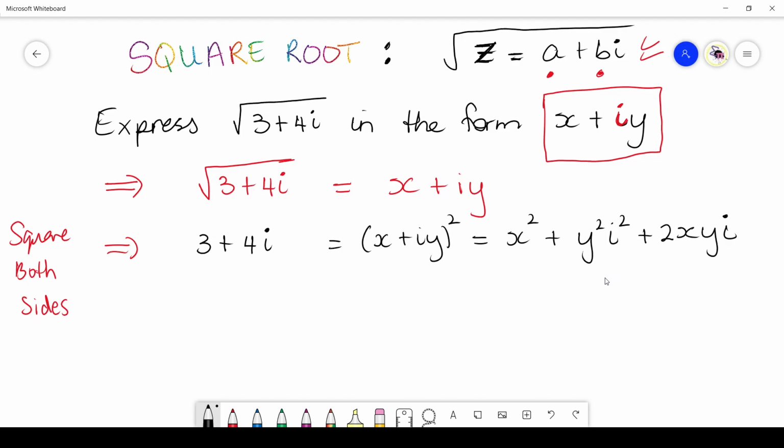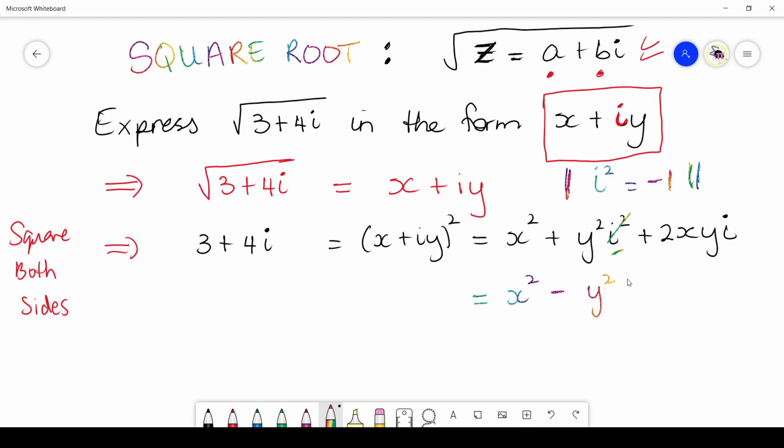Now we're going to clean this up because anytime you see i squared, you have to remember what it is equal to. That's correct. It's equal to -1. Okay, and we're seeing it popping up here. So that means this is going to change into a -1 and it's going to disappear. All right, so let's rewrite this. We're going to have x squared minus y squared, because that i squared is going to be eliminated.